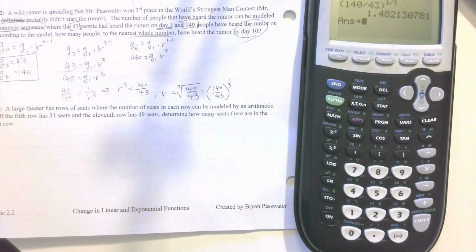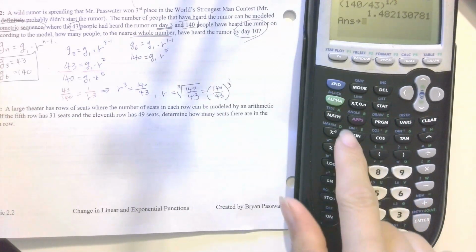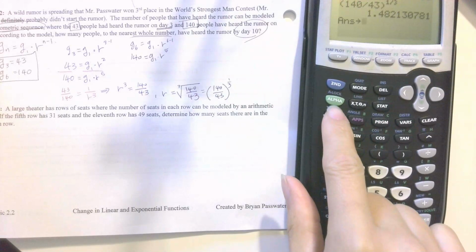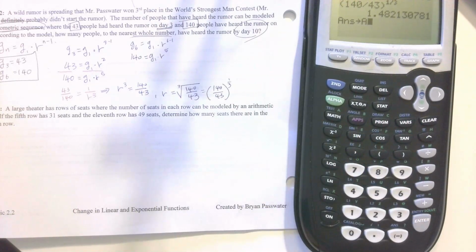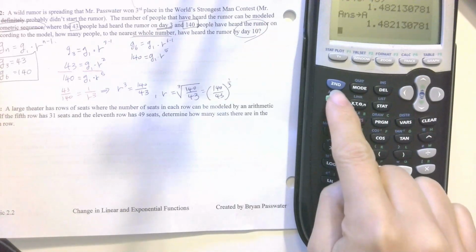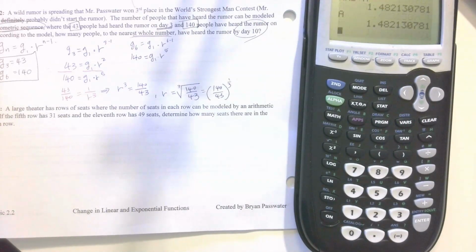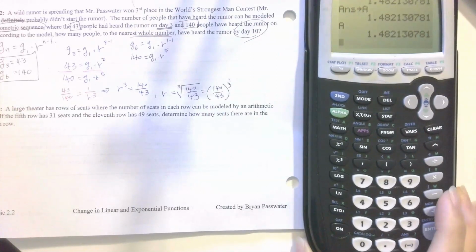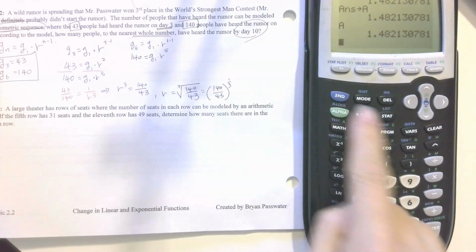You have to pick a variable. I personally like to just use those green ones. So green one, alpha A, and hit enter. All right, and the magic happens. Now when I do alpha A, that's how I stored my answer. Isn't it cool? Yeah, you can store as a B, C, doesn't matter.